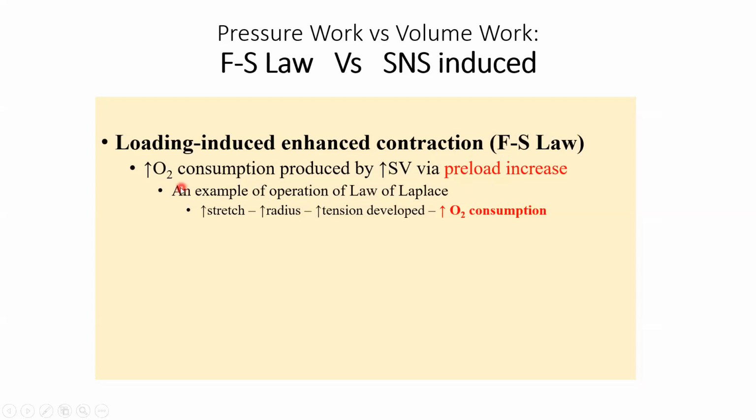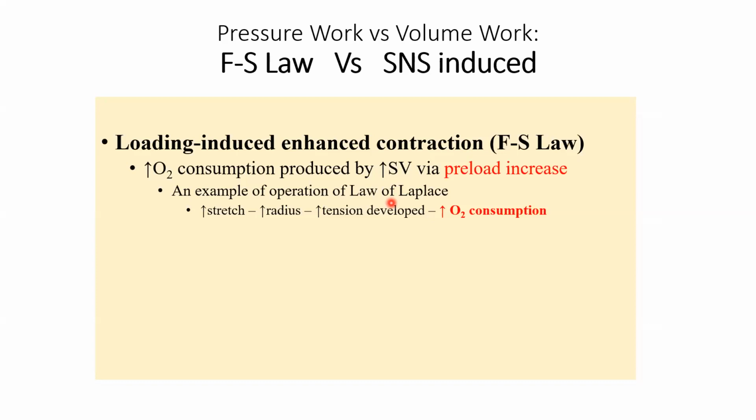And if you're looking at the oxygen consumption via increasing the preload, the law of Laplace comes back and visits you. If you remember, we talked about the law of Laplace when we were talking about wall tension, the myogenic mechanism or autoregulation, during the local blood flow control chapter of circulation.